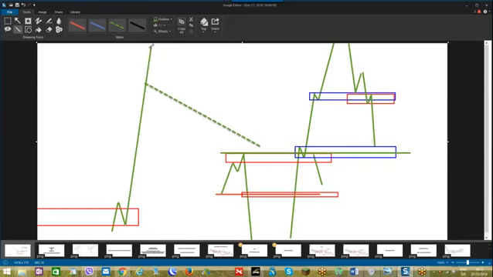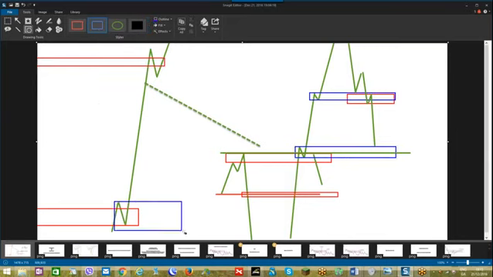And then price shoots up, and breaks another upper flag limit. Then what have we got? We have got, okay, then we got a lower flag limit here. And we got a lower flag limit there.